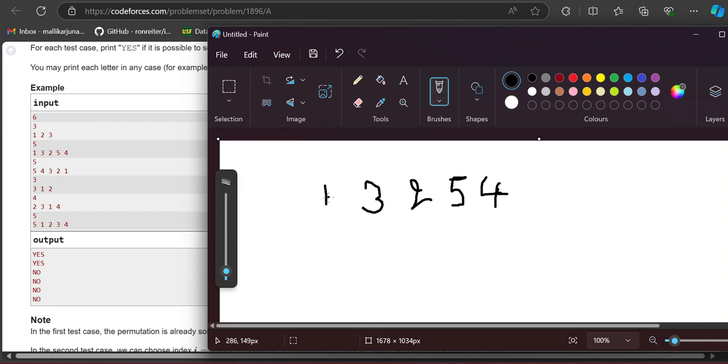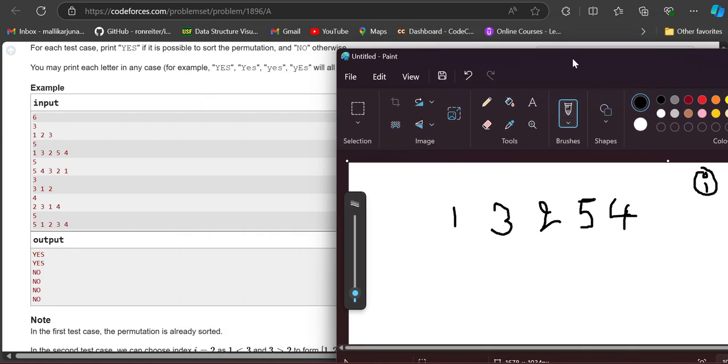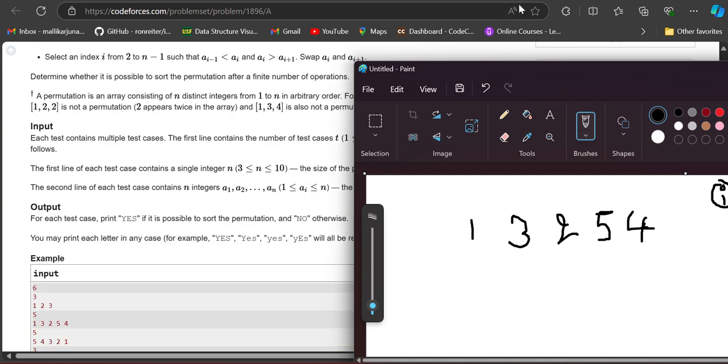See, the only way to sort is when, at index i, the element at i-1 is less than the element at i, and the element at i is greater than the element at i+1. Then we can swap these i and i+1 elements.